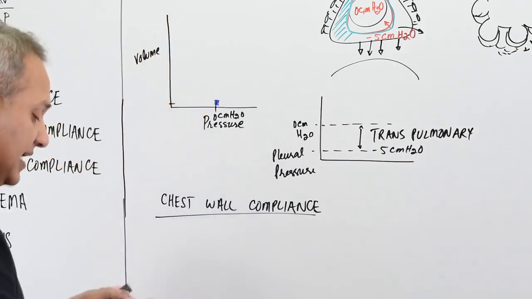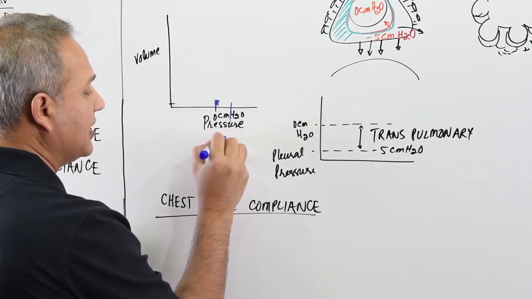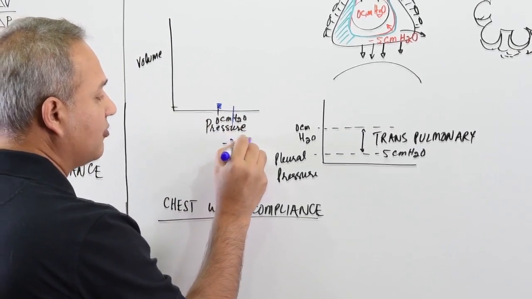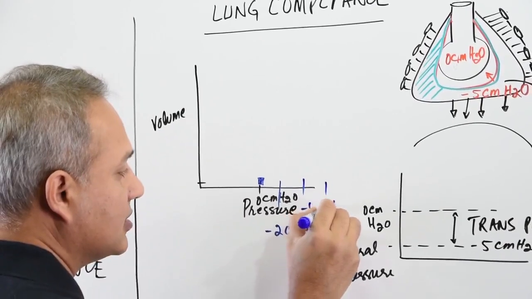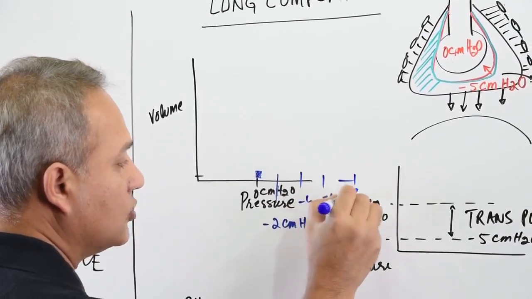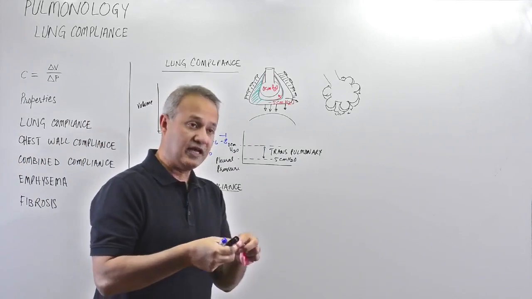As the pressure increases, let's say -2 centimeter of water, then -4, -6, -8, and so on, what will happen? Lungs will fill up.